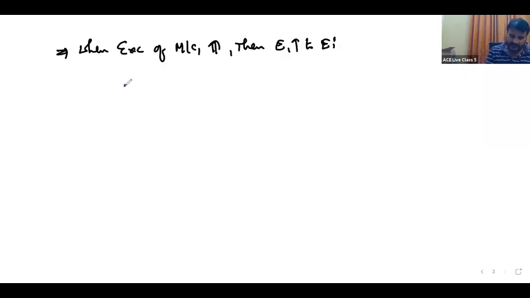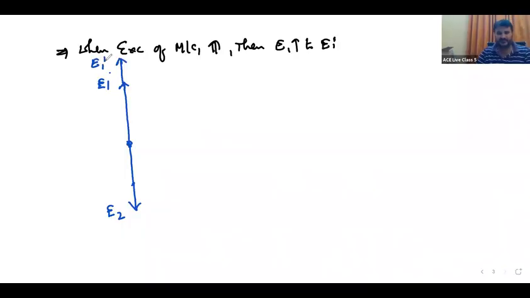This is E1, E1 dash. E1 has increased to E1 dash. Then the potential difference, that potential difference is ESY.